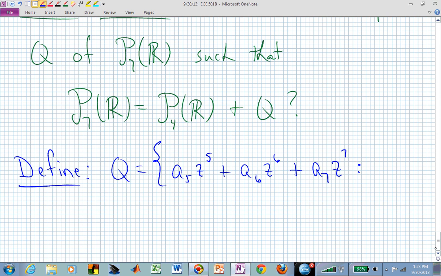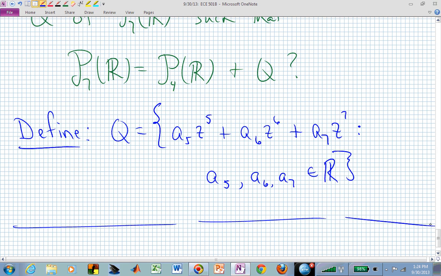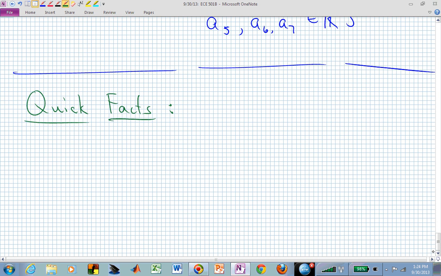And now, as long as those coefficients are independently available and live in the real number line, then that Q would actually complete the vector space of seventh order polynomials. Let's now look at some facts associated with invariant subspaces.